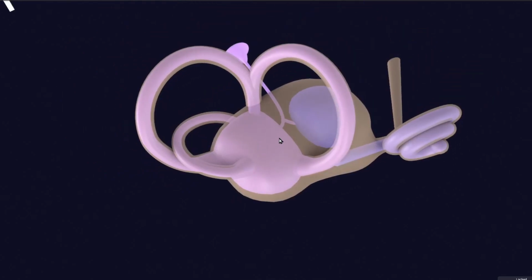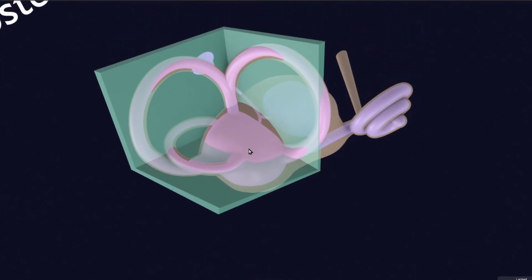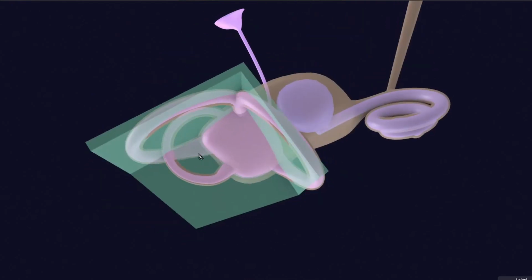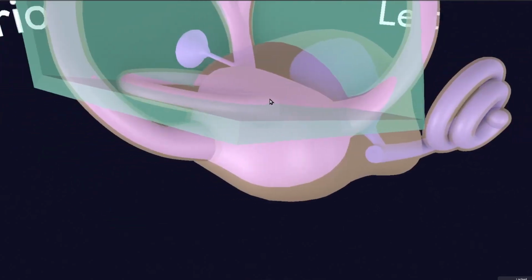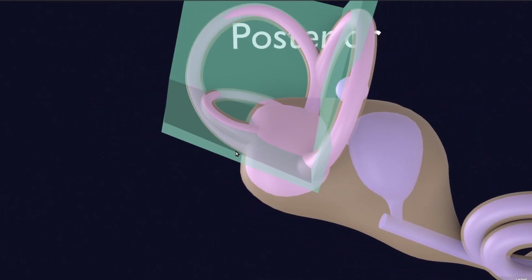Now, to understand the semicircular canals, imagine a room, and here we have a floor of the room, and then there is the anterior or front wall, and we have a posterior wall. Now this floor is basically representing the horizontal or the lateral semicircular canal.